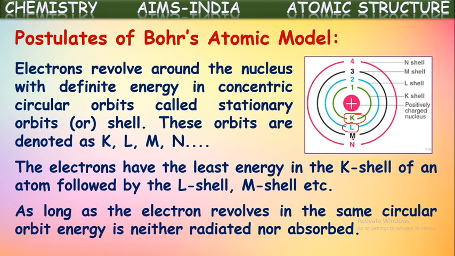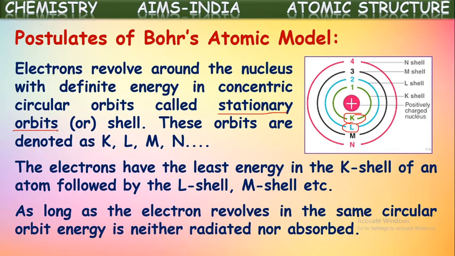As long as an electron is revolving in the same circular orbit, energy is neither radiated nor absorbed by the electron. Whenever an electron is revolving in a particular orbit around the nucleus, it revolves with constant energy; it won't radiate energy or absorb energy. That is why these orbits are specially called stationary orbits or stationary shells.